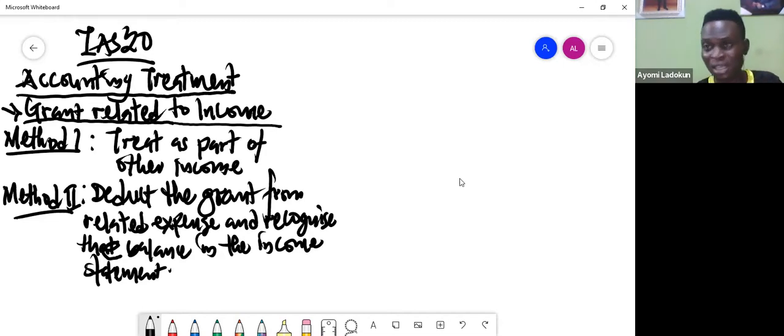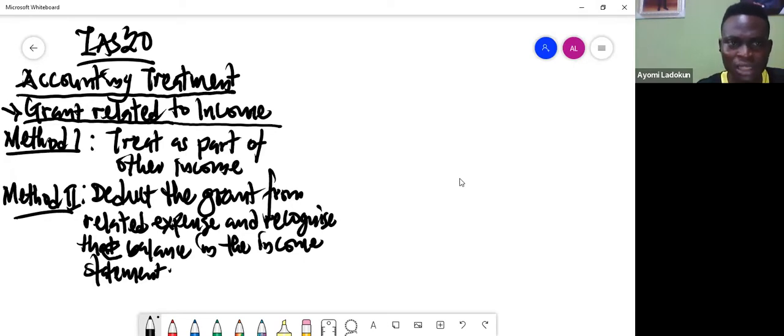Because IAS1 is saying you cannot net off, except the amount is immaterial. That means you must show every transaction on the account. But IAS20 allows it. And whatever the standard allows, it will prevail over the conceptual framework. So that's the issue. I don't want to go into much detail because this is an intensive class.